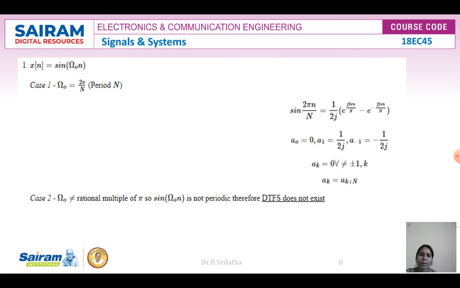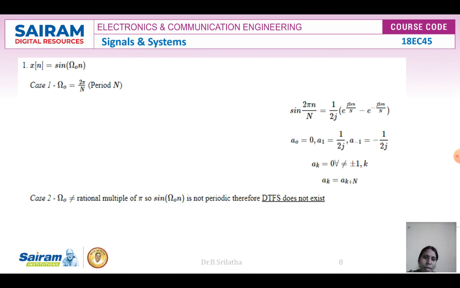Next problem: x of n is equal to sine omega naught n. Here omega naught is 2 pi by N, so x of n is sine 2 pi n by N. Sine theta is 1 by 2j into e power j theta minus e power minus j theta. So here a naught is 0.